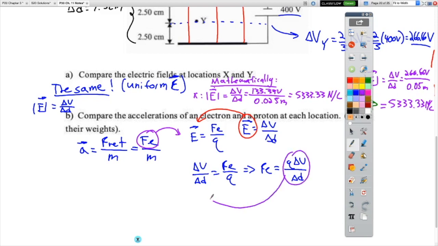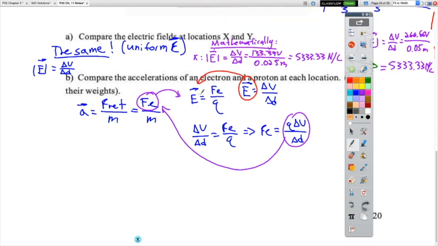That's Fe, so put it in for Fe. So I just popped out of my equation, went and found an expression for Fe I can use, and then popped it back in.